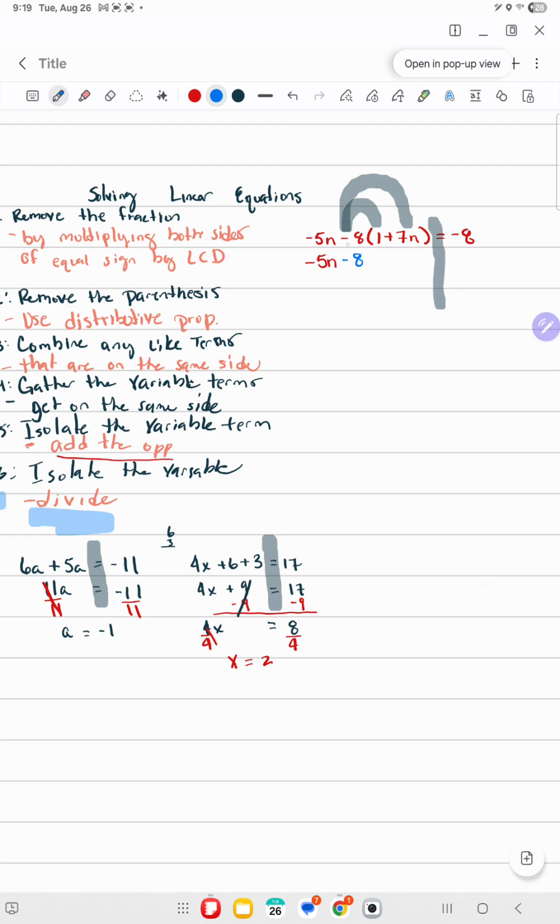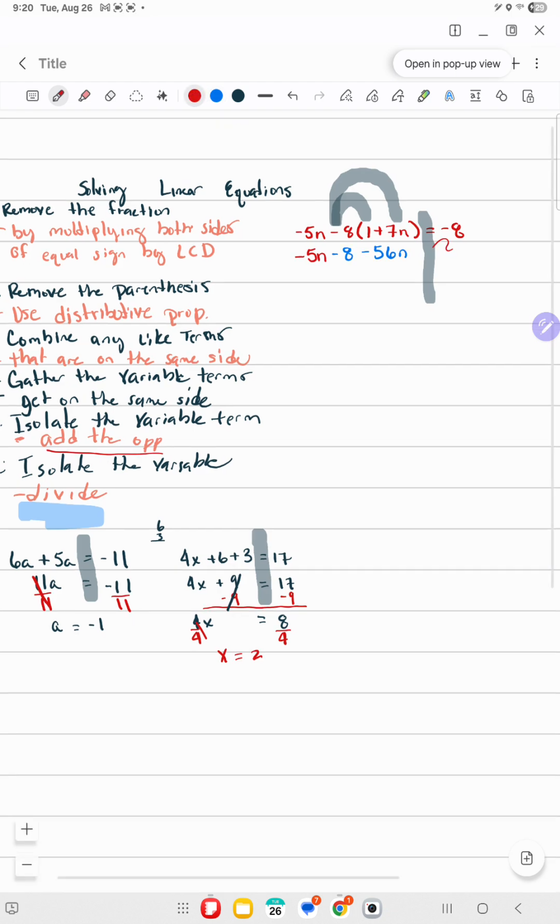So we get 56, right? 8 times 7 is 56, but negative 8 times 7, just put negative 56, and the n goes wherever the 7 goes. So negative 8 times 1 was negative 8, and negative 8 times 7 is negative 56n. Then the equal sign comes down, and the negative 8 comes down.